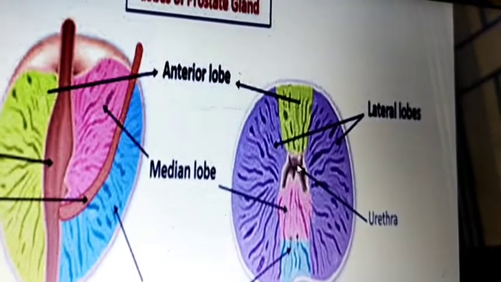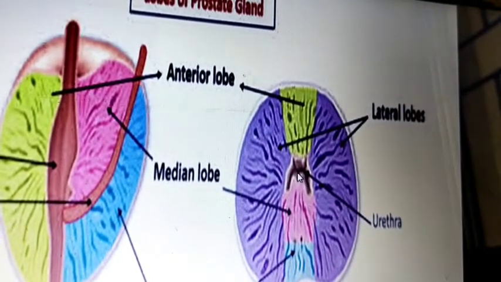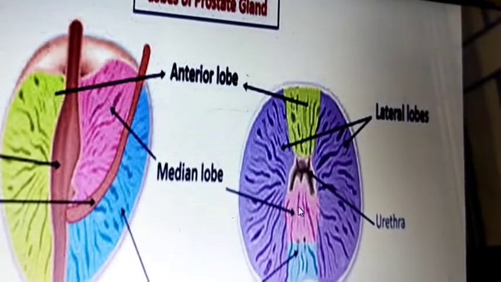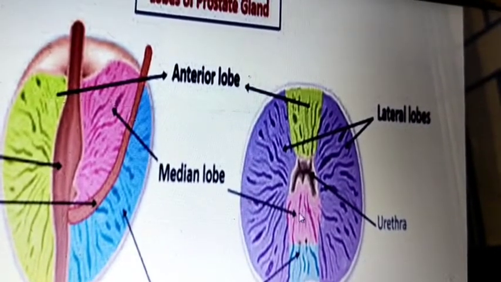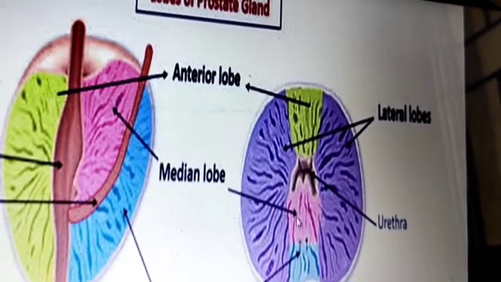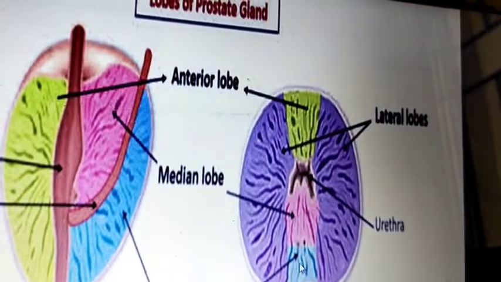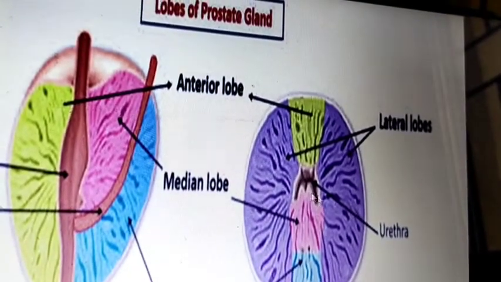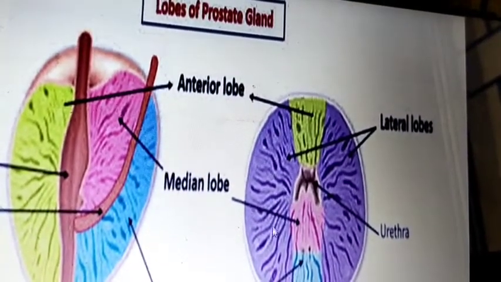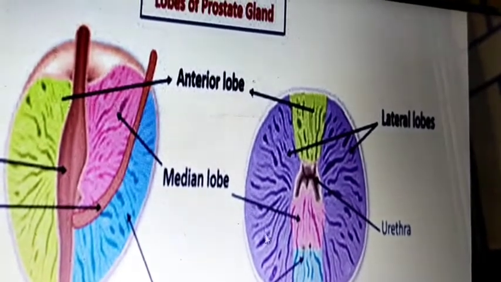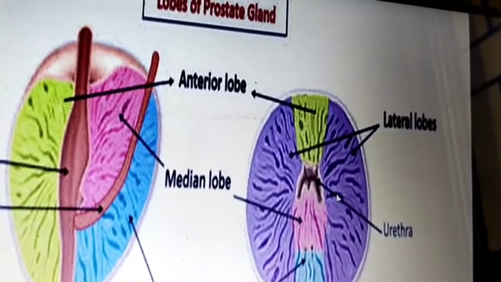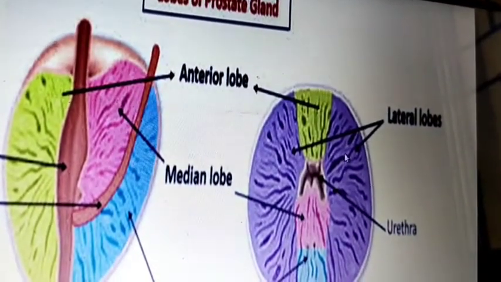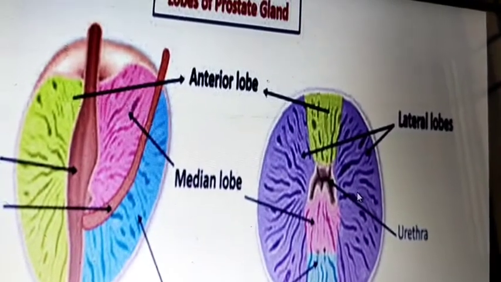This is the urethra. Just anterior to the urethra is the anterior lobe, just below the urethra is the median lobe, and just below that is the posterior lobe. On the two lateral sides are the lateral lobes, the bigger lobes, also called the peripheral lobes.